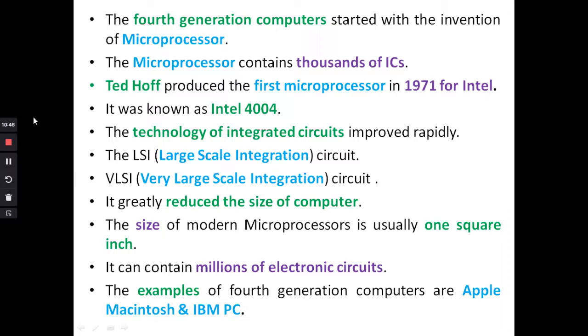Also, the integrated circuit technology has developed, that is nothing but LSI and VLSI designs. LSI means large scale integration and VLSI means very large scale integration circuits. That is on the circuit boards. This greatly reduces the size of the computer. Now the computer size has been reduced to a bench size. This is what we are using nowadays. These fourth generation computers were developed by Apple, IBM, Intel, and many others came into the business.